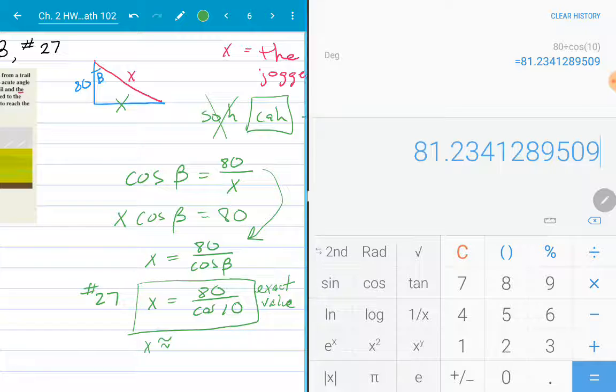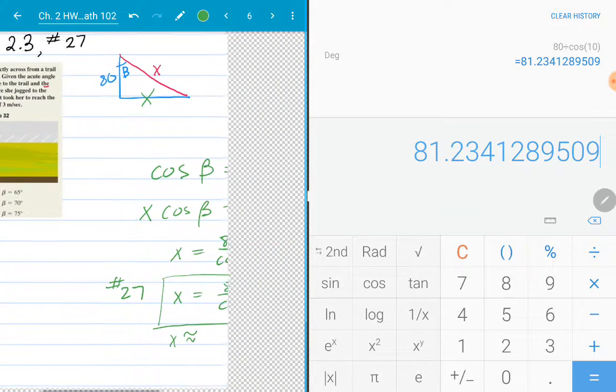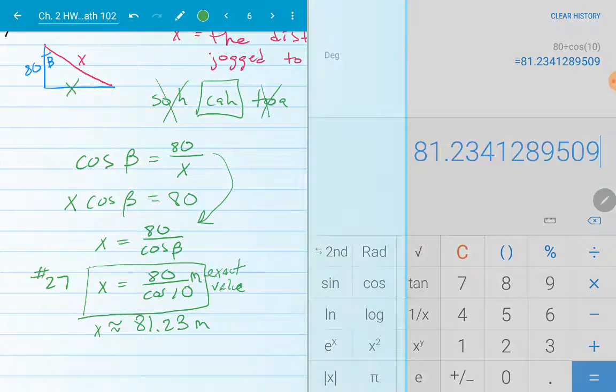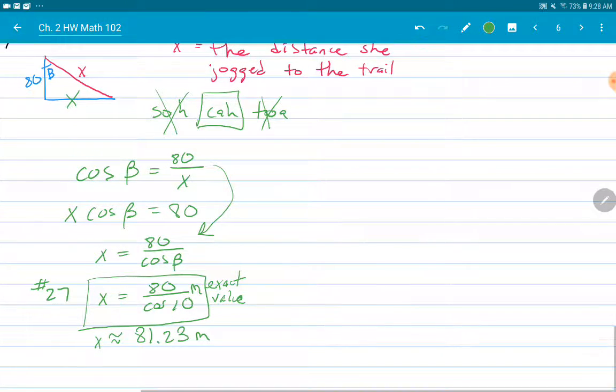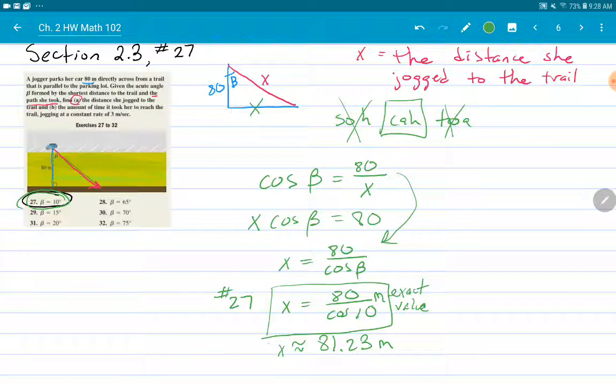what is my units here? Feet? Meters, sorry. So this should be meters too. And that's approximately 81.23 meters. And since it's a word problem, I would prefer the answer in a complete sentence.